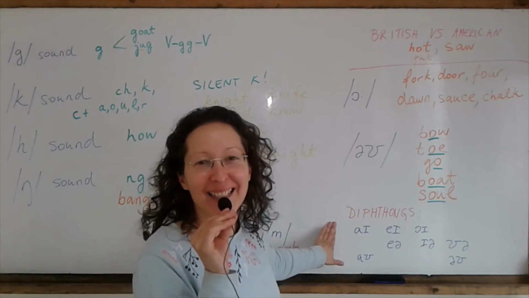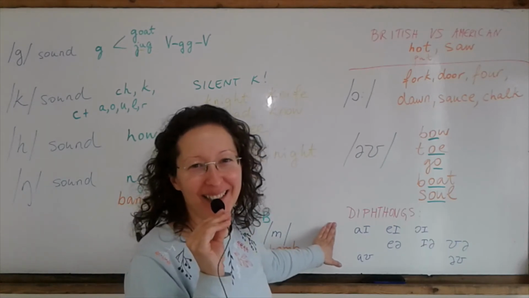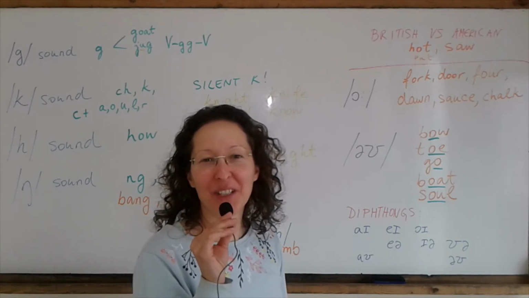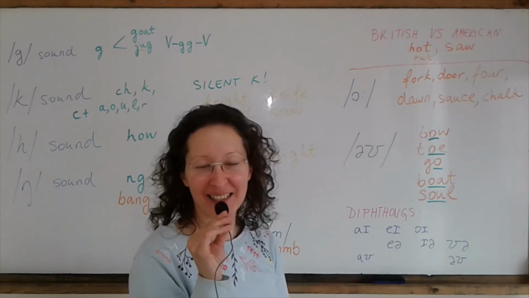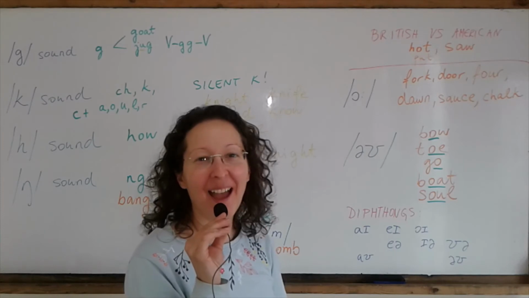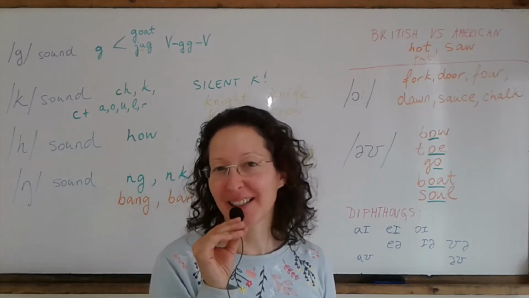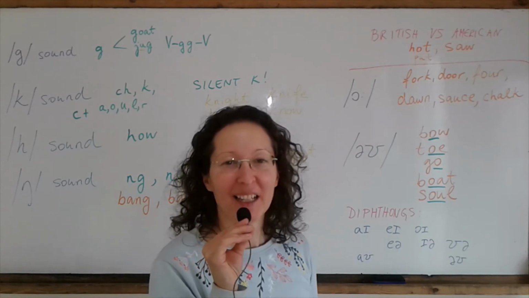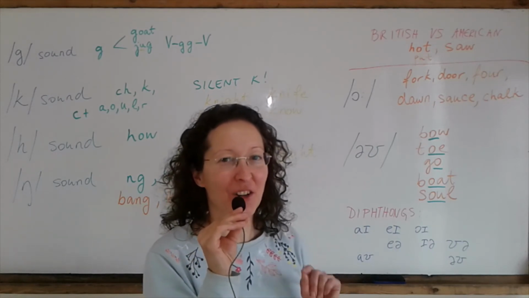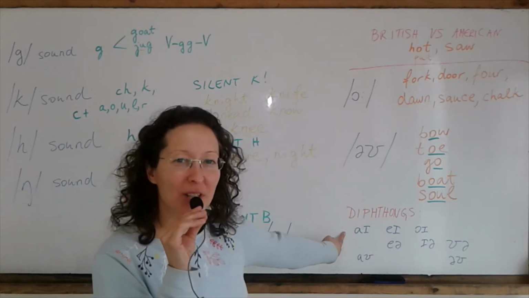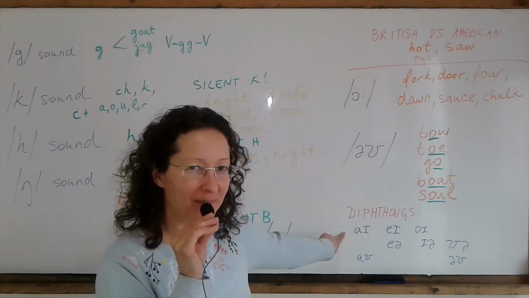There are 8 diphthongs altogether in English. You can practice the diphthongs with the video that preceded this lesson. And what you will do as your task in this lesson is to create your own alphabetic code just for the 8 diphthongs.